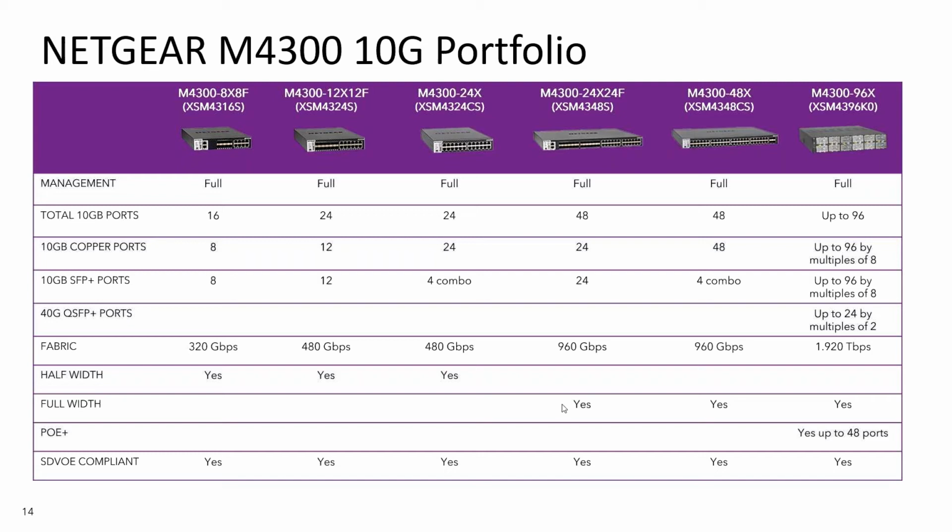So again, these are our 10 gig portfolio. There are some pretty nice products here from a top of rack perspective, and we have a few combination half width products. The 4300 8x8F has 8 ports of 10 gig copper and 8 ports of 10 gig SFP.